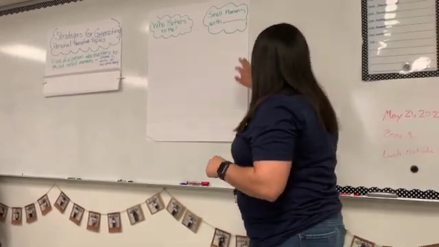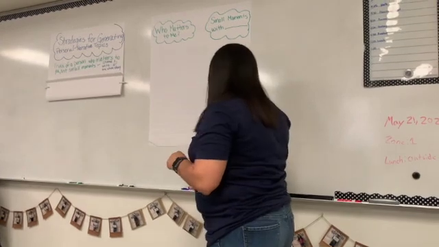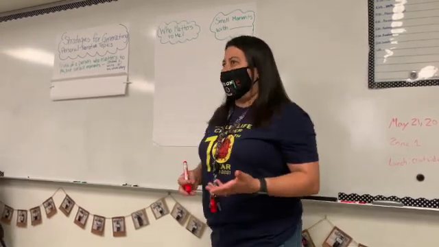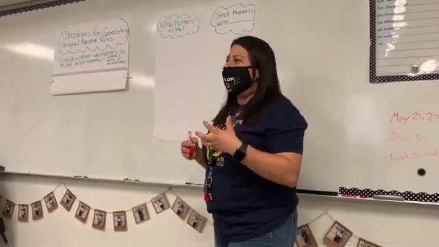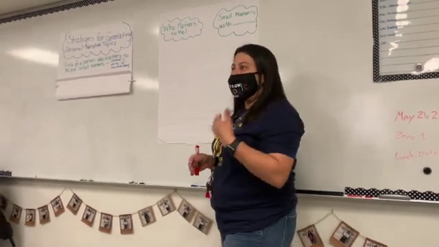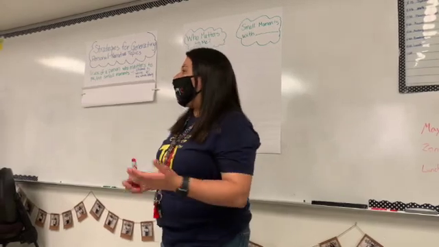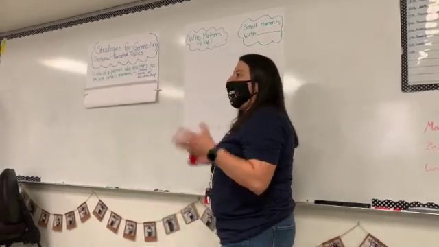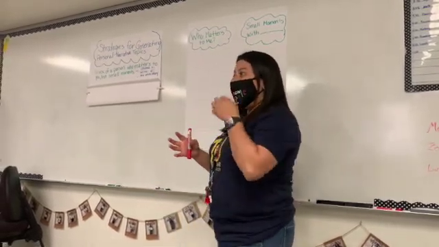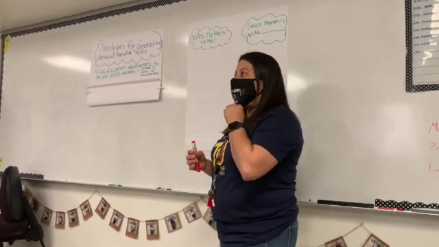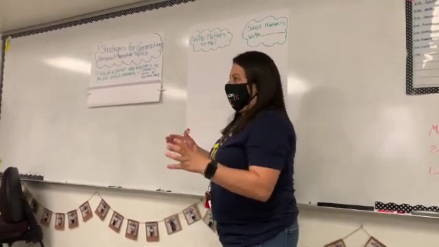what I have done is created another anchor chart here that says who matters to me. If I'm really thinking about the different people that matter to me, whether it's now or in the past, I can tell you that there's several people, but I'm going to try to keep it narrowed down to people that maybe I have the most small moments with.